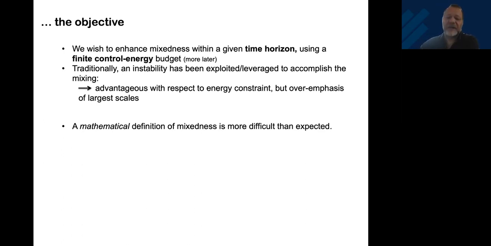So now we have to face up to defining what we actually mean by mixing. What is a good measure of mixedness that our optimization strategy could target as the variable to optimize? And it actually turns out this is a very active research field, and the mathematical definition of mixedness is more complicated than you might expect.